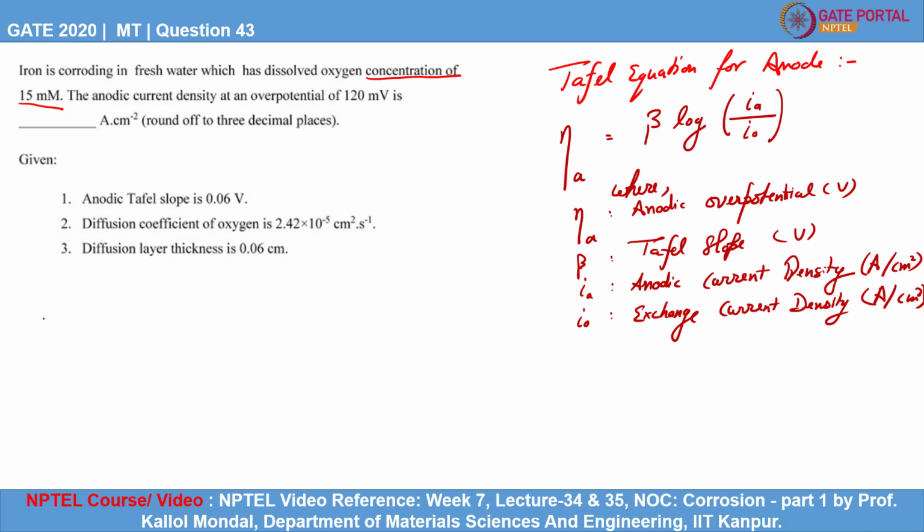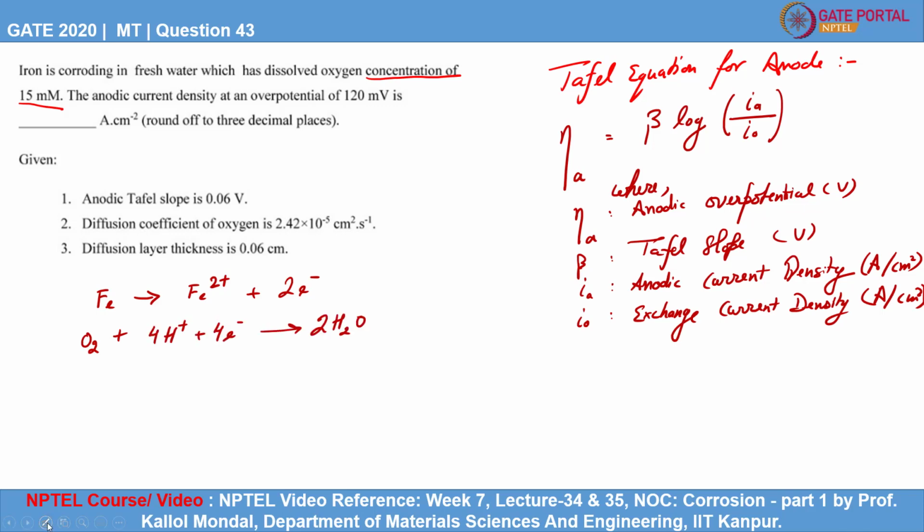At anode, iron is getting oxidized to iron ions plus 2 electrons, while on cathode the oxygen and hydrogen ions are getting reduced to water, that is the ORR, oxygen reduction reaction.